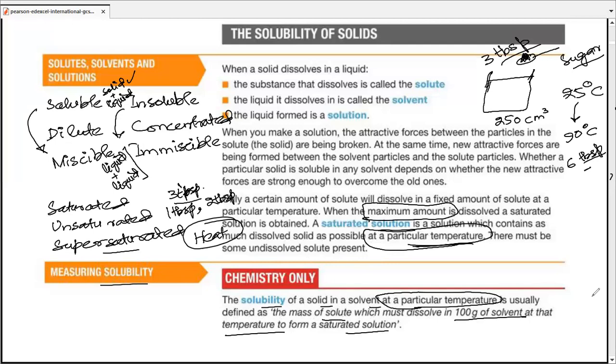All right? Yeah. And why are we using the word at a particular temperature? Because as soon as we change the temperature, the mass of solute can be changed. As soon as we change it from 25 to, let's say, 35, this mass of 3 tablespoons would change. From 35 to 45, there would be another change. From 45 to 55, there would be another change.